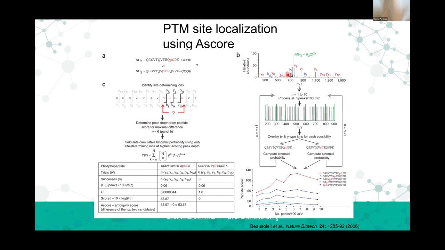It's a routine that goes through and analyzes all the fragment ion data, and it helps put a localization score. So basically it gives you some confidence that the mass spectrometry data backs up that a specific site is modified by phosphorylation.